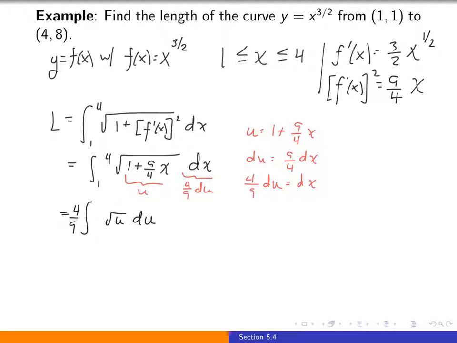But because it is a definite integral, we need to change our limits of integration, and to do so, we always use our substitution. That is what gives the relationship between x and u. So for the lower limit, if x is equal to 1, u is equal to 1 plus 9/4, which is 13/4.